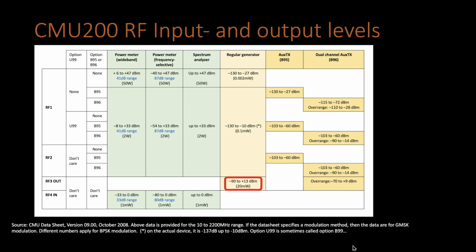Now turning to the other side, which are the outputs of the device. First of all, the most important output is the regular type of signal generator. But also here you will see that it really depends on the type of options you have installed in your device what the possibilities are, particularly whether you got the U899 installed or not.